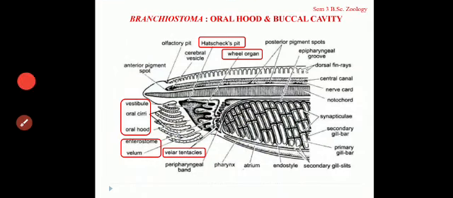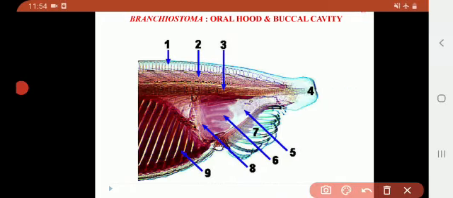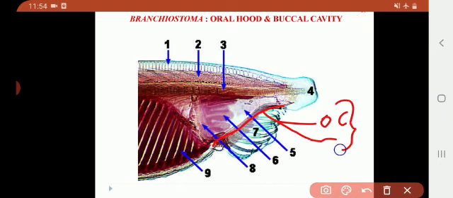This is the oral cirri, and this plus the oral cirri together forms the oral hood.